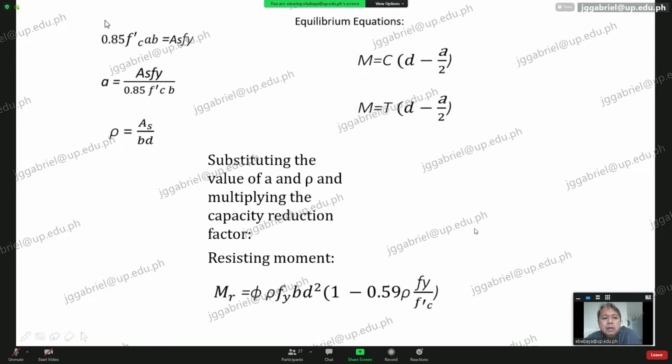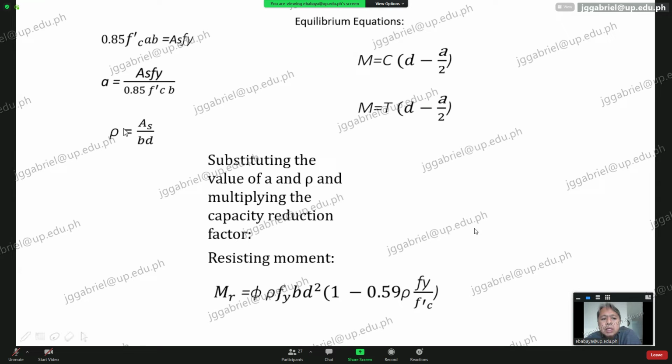Therefore, in here, your A would be equal to AS Fy all over 0.85 F prime C times B. This will be our formula. Now, having also this equation, moment is equal to C times the moment arm. Of course, your compression and tension should be equal.